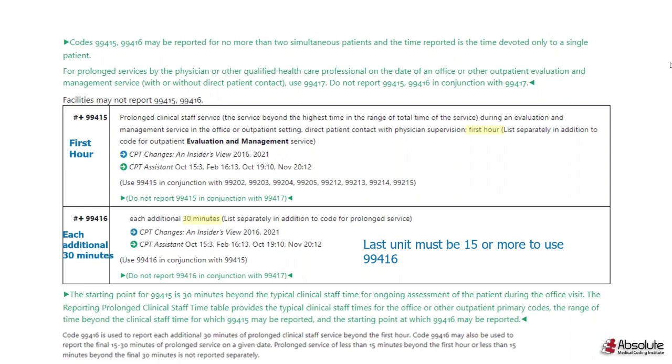So these codes are used in conjunction with an office visit. And look, 99415, that's an add-on code, right? Pay attention to that. If it's an add-on code, you don't code those by themselves. They have to be coded in addition to another encounter, and that encounter is an office visit.